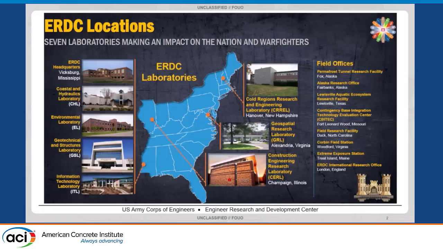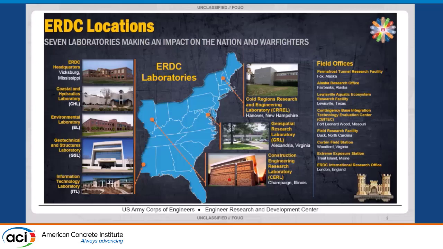As I said, I am with Engineer Research Development Center, and we are trying to make this world a better and safer world for everyone. And we have 7 laboratories. 4 of them are in Vicksburg, Mississippi, along with the headquarters.